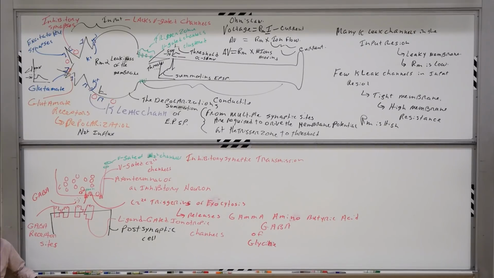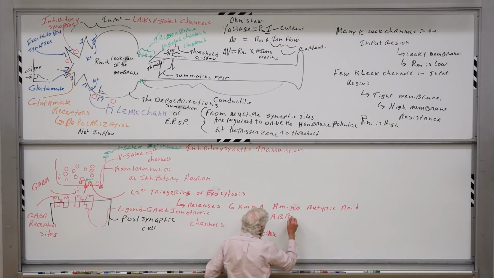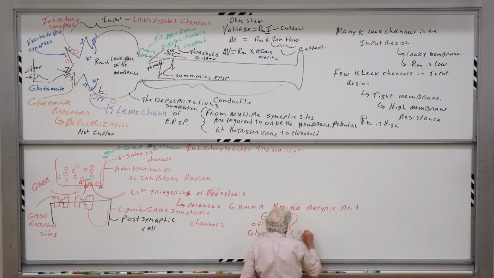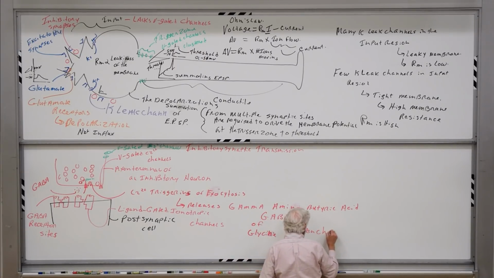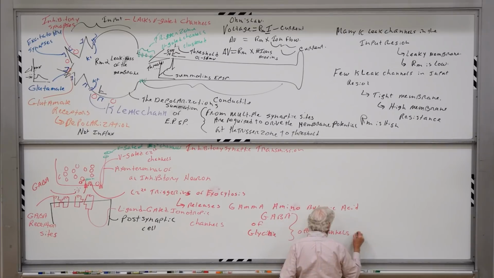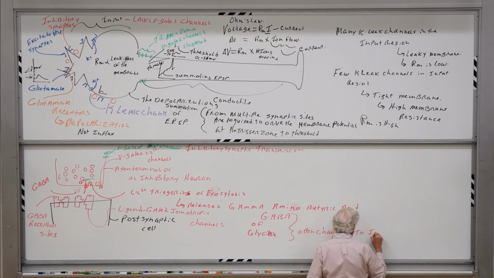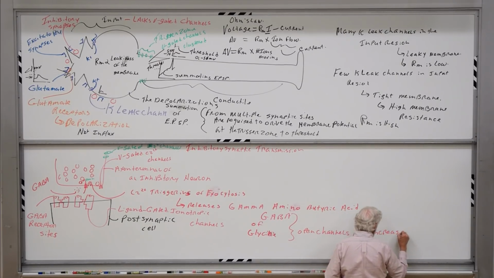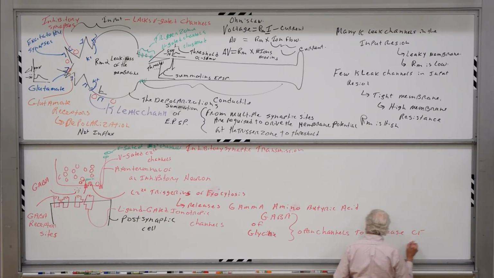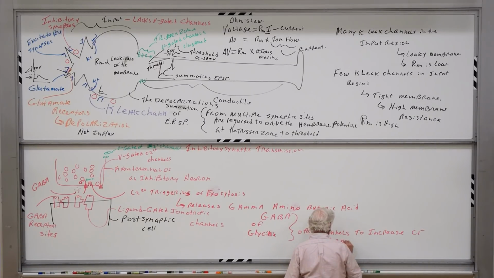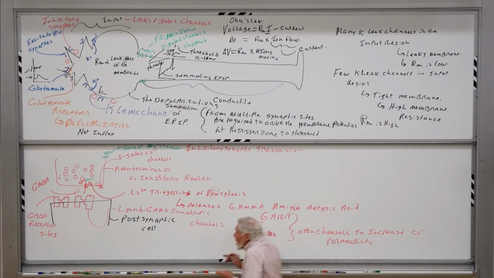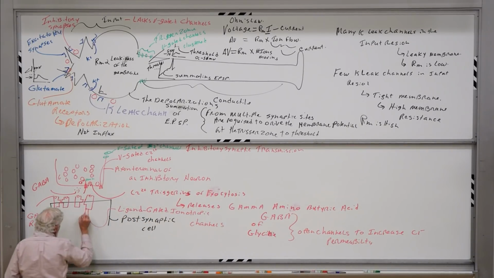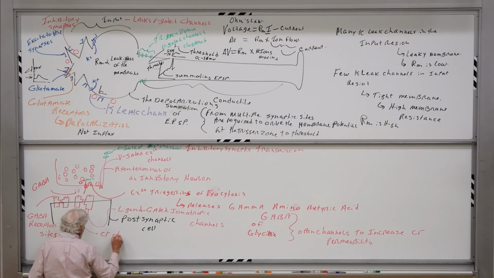But now there's a change. And what we find here is that GABA and glycine open channels to increase chloride permeability. That's just another way of saying that these are chloride channels.